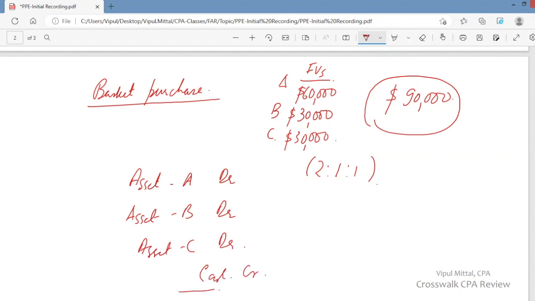Although the fair values are higher, you have only paid $90,000, and you allocate this among these three assets in the ratio of their relative fair values. You have paid a lower price, maybe because you are purchasing these assets in a group.